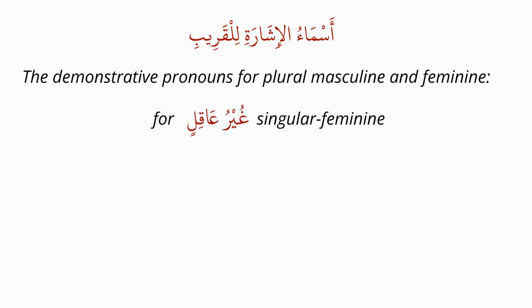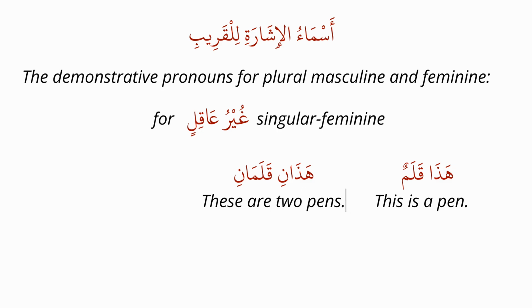It must be noted that for plural غير عاقل noun, the demonstrative pronoun used is singular feminine, which is هذه. I've explained the concept of غير عاقل in two of my previous lessons. I hope you have watched them. For example, هذا قلم means this is a pen. هذان قلمان means these are two pens.